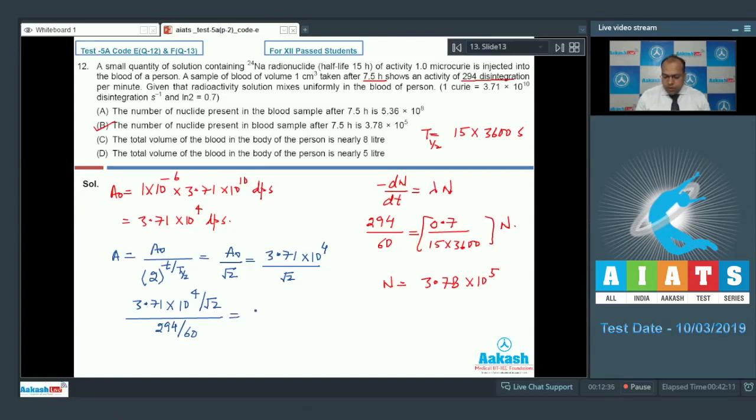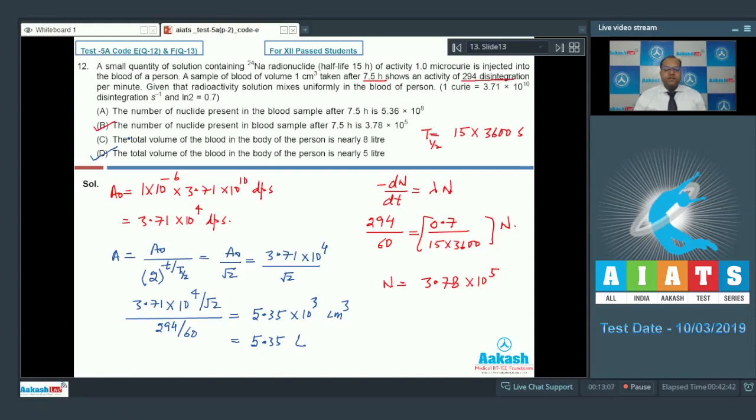So this comes out to be 5.35 into 10 raised to the power 3 cm cube, or this can be further written as 5.35 liter. So option D is also correct. So the correct answer for question number 12 is options B and D.